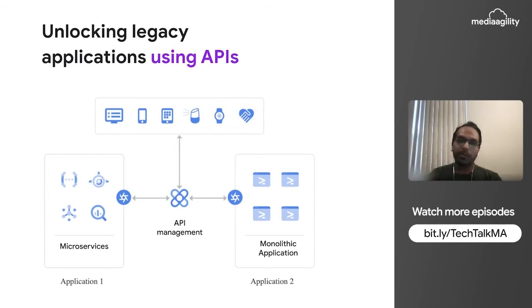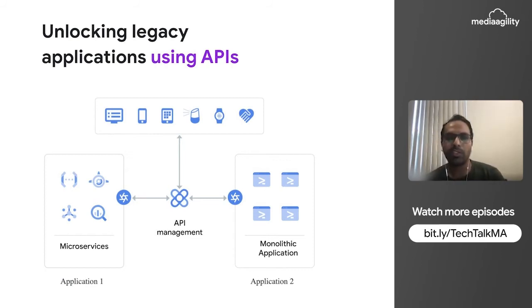So using APIs to modernize your legacy application helps you in two ways. First, it helps you define a different API layer on top of your legacy application, which is shown as application 2, the monolithic application.